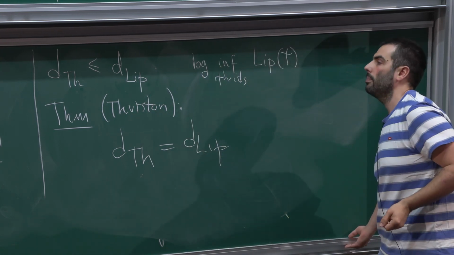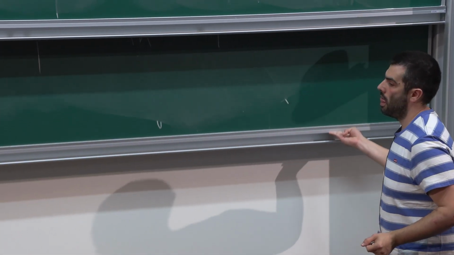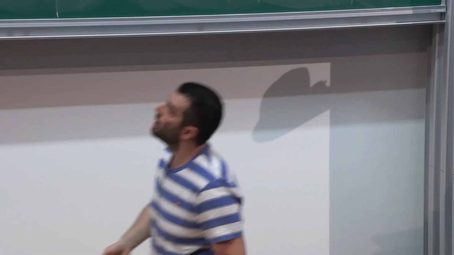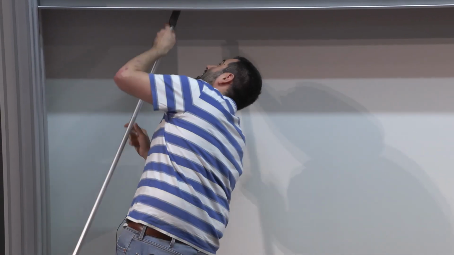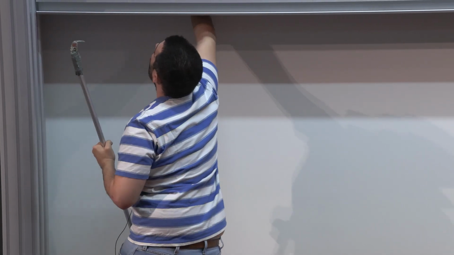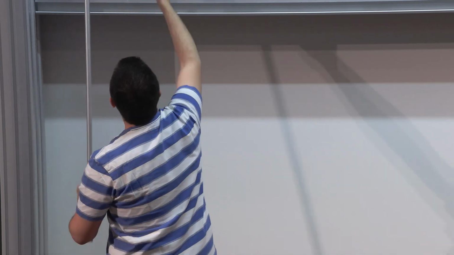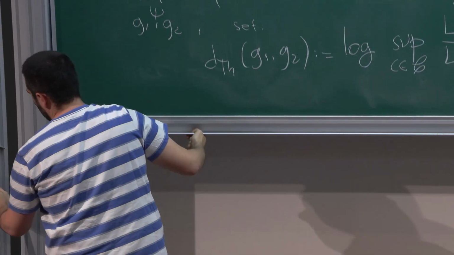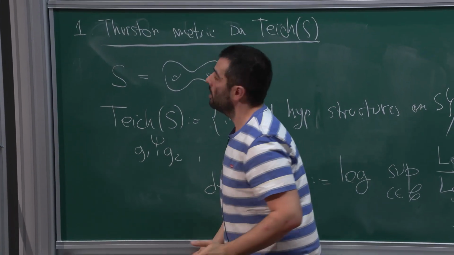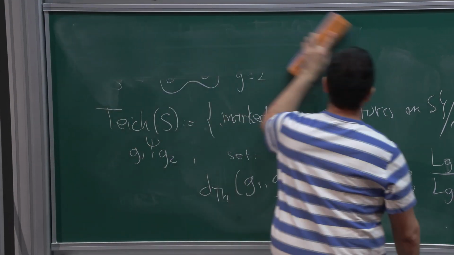So I guess that this is maybe one of the main theorems of that paper. And as I said, there are many things going on in that paper, and I maybe just quickly summarize some of them.